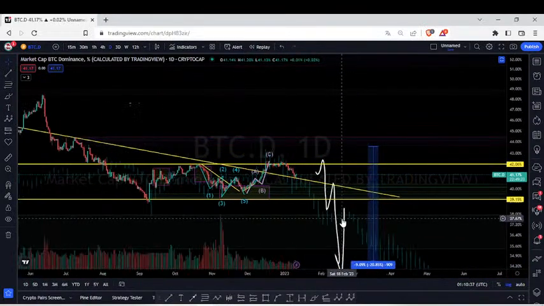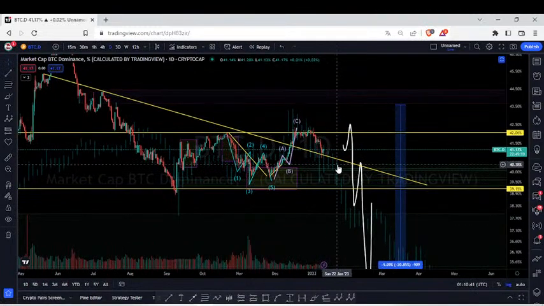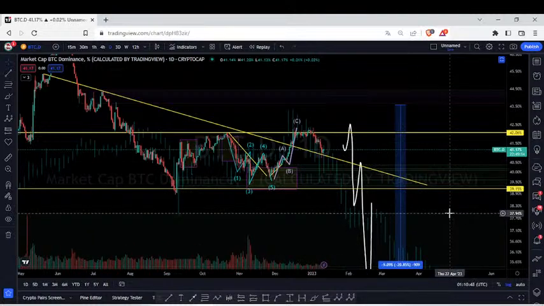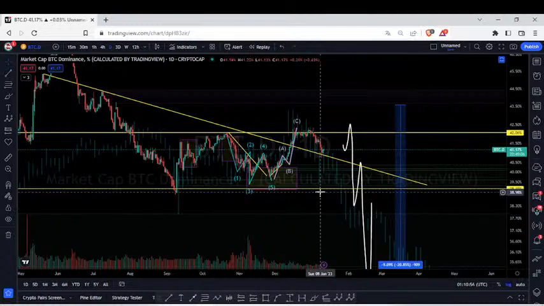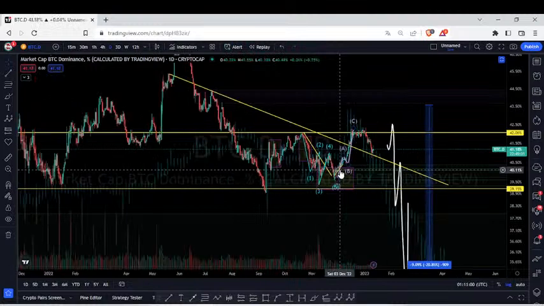Now, if it breaks 40%, it's time for the altcoins. I'm talking about a 100, 200% move in a day. That is key. 40% is key for Bitcoin dominance.